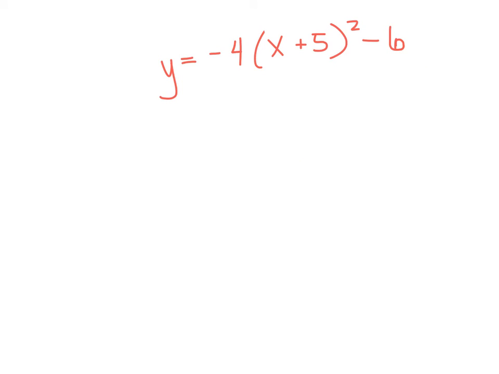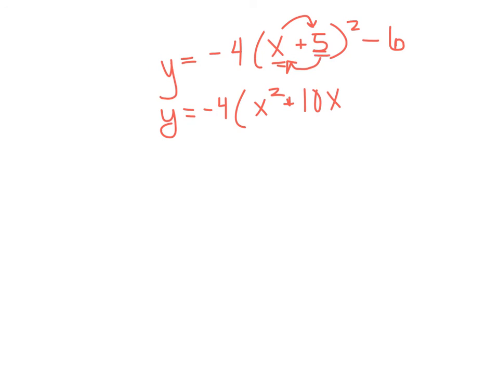So let's do one last one in vertex form. Y equals negative 4 times (x plus 5) squared minus 6. So again, let's see, can we do this in our head? X is going to multiply by itself to give me x squared. 5 is going to multiply by x twice. So that's going to be 5x twice, which is 10x.